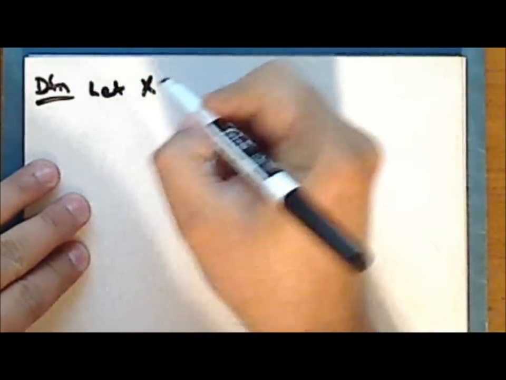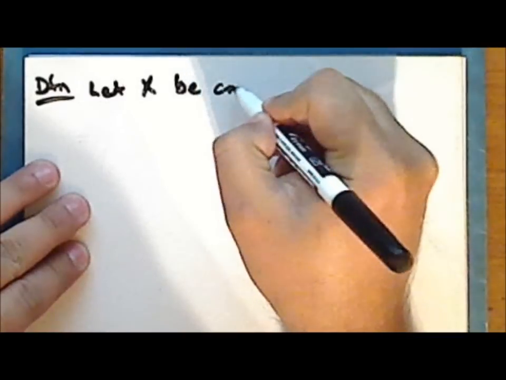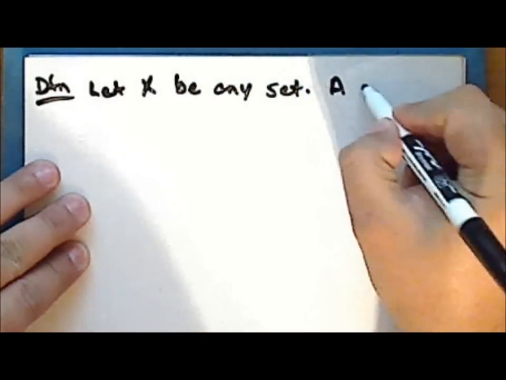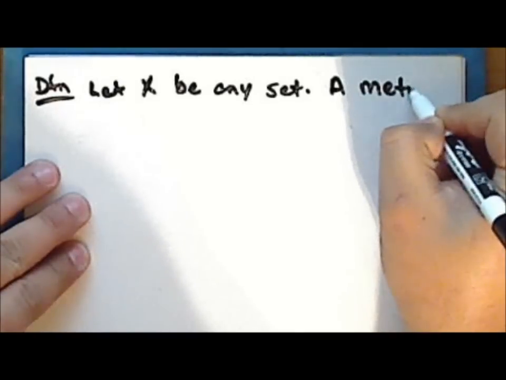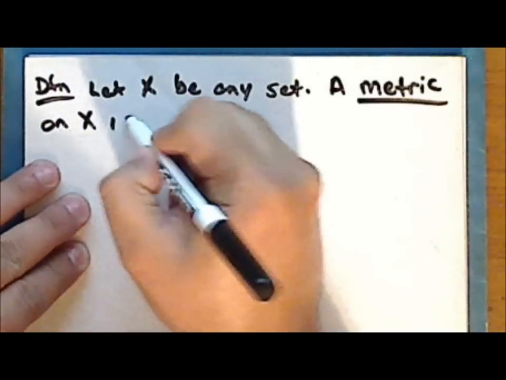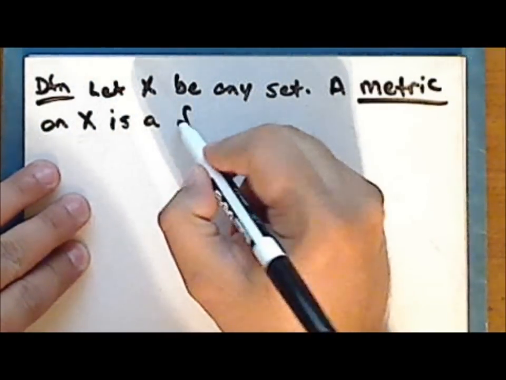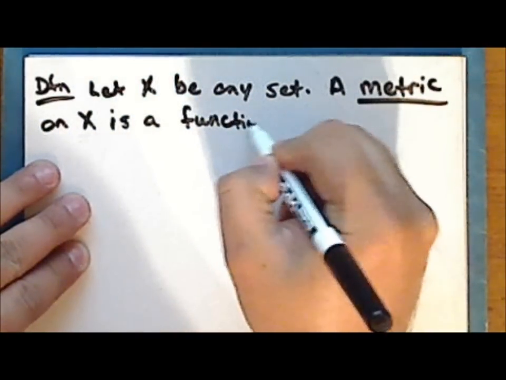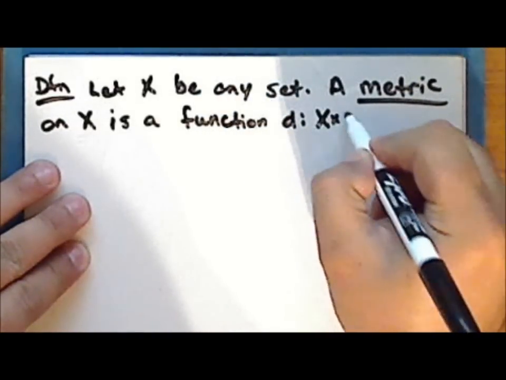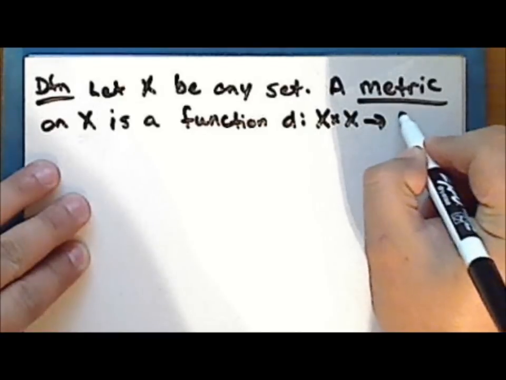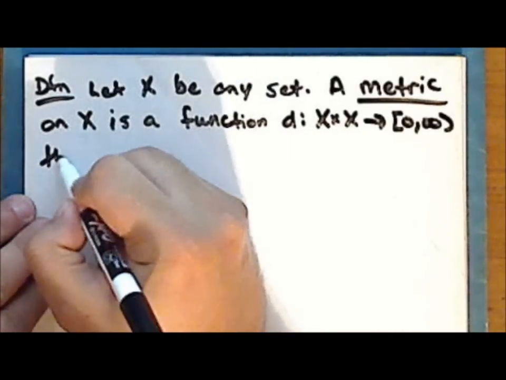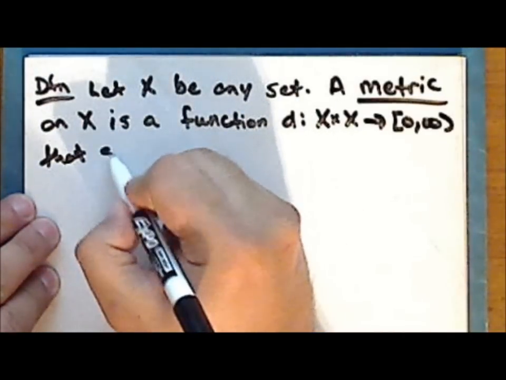So let X be any set. A metric on the set X is a function, which we'll call d, mapping the product of the set with itself into the non-negative real numbers that satisfies three properties.